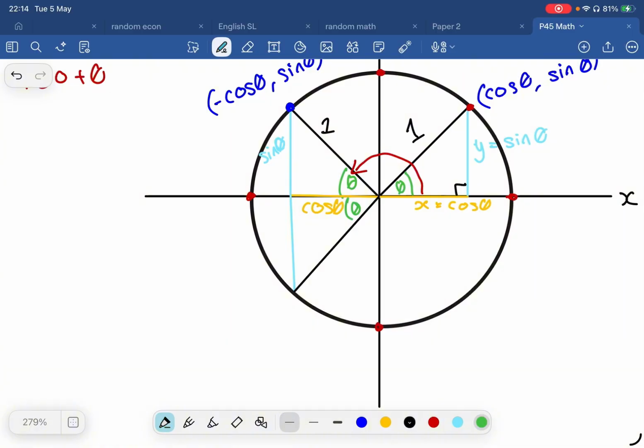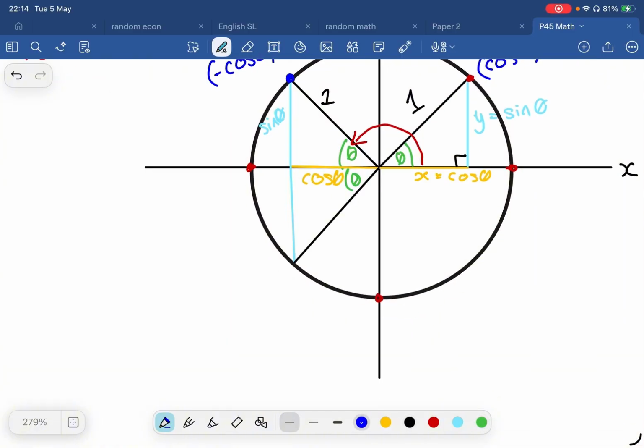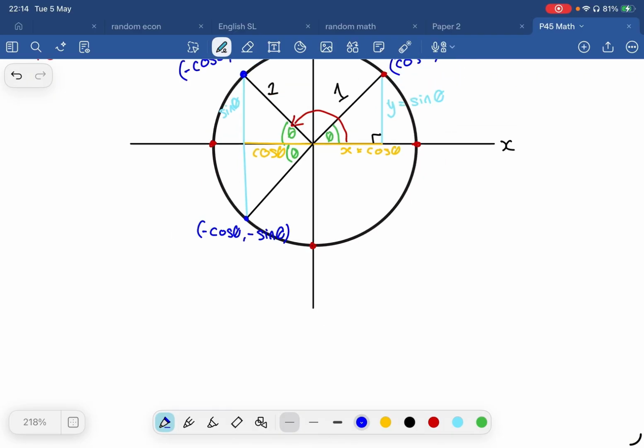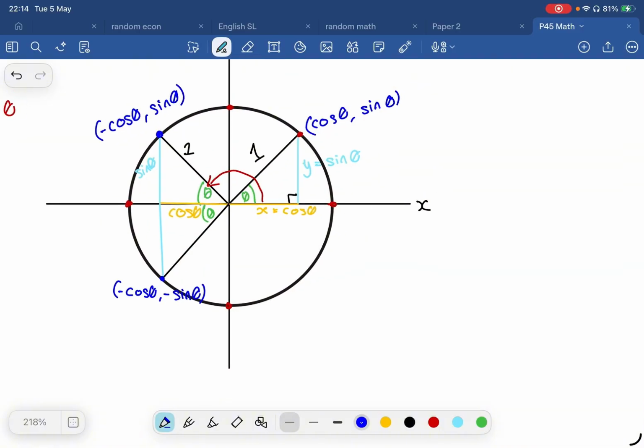Okay, so again, that means you can find this point here. Hopefully you can guess that this will be negative cos theta, negative sine theta, because remember, both x and y are negative in this quadrant.